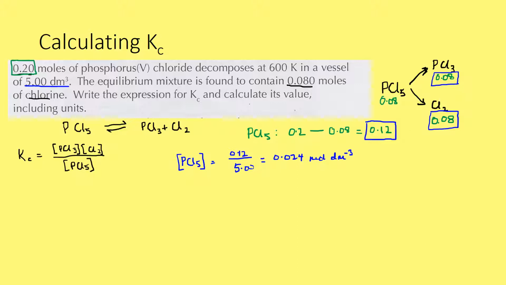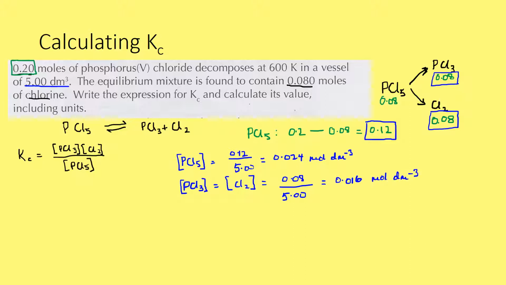And let's do the same for PCl3, which is going to be the same as the concentration of chlorine. For each we have 0.08 moles at equilibrium, and the volume of the container is the same, 5.00. And so that is working out to be 0.016, also moles per dm cubed.